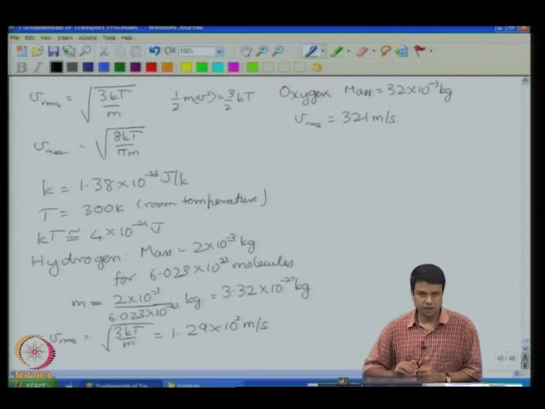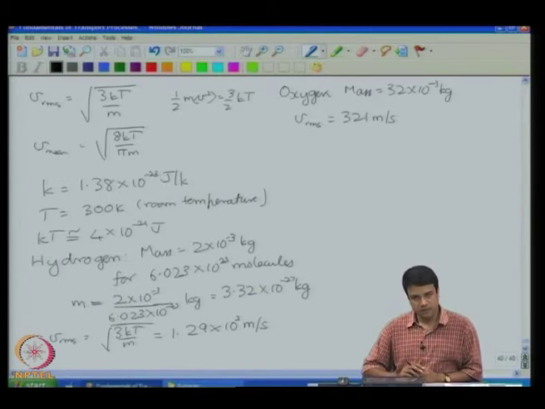For nitrogen and air, the numbers will be approximately the same, because the molecular mass of nitrogen is not very different from oxygen. You will also notice that these velocities are approximately equal to the speed of sound. In air, the speed of sound is 330 meters a second, and the RMS velocity turns out to be about 321.